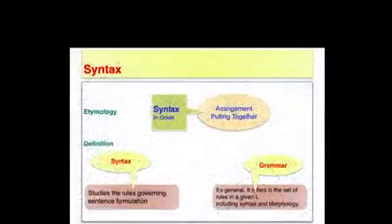So let's start. We are going to start with the definition of syntax and what it means. If we go back to the etymology of the word syntax, in Greek it means arranging or putting things together.